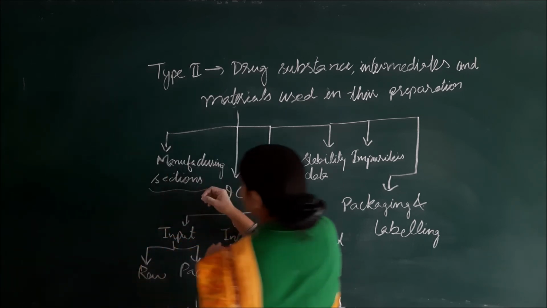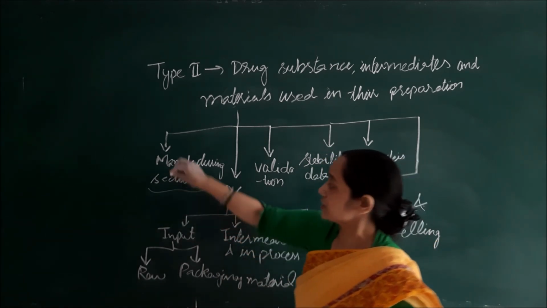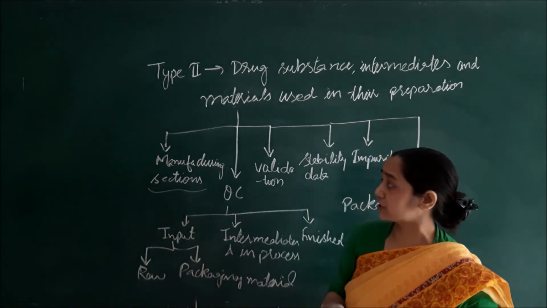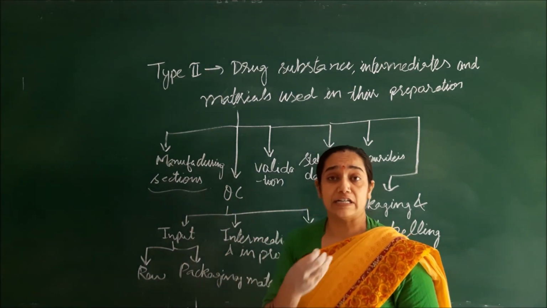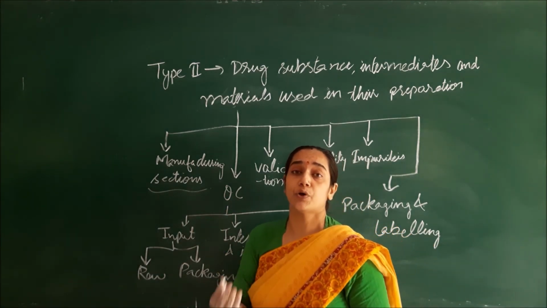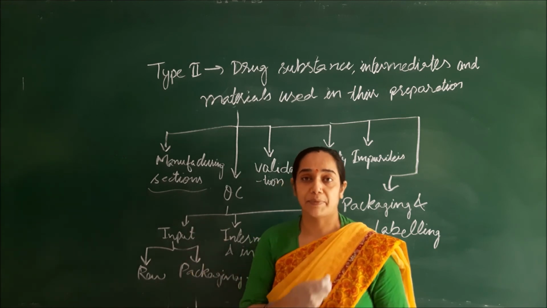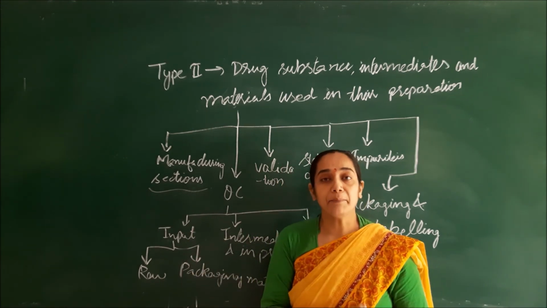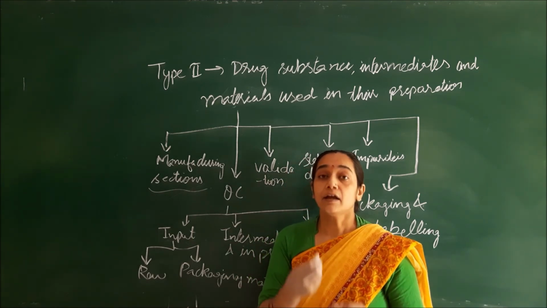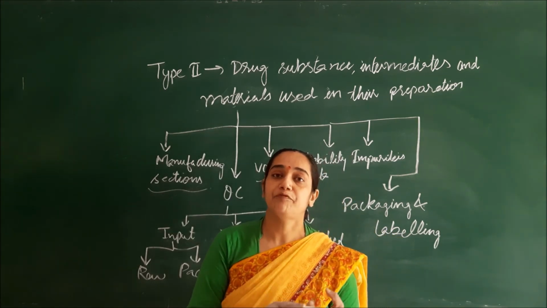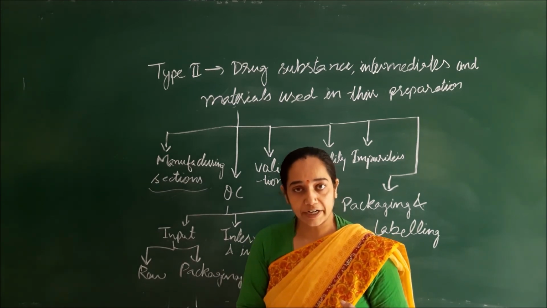Information about the manufacturing sections means how the product is going to be manufactured, meaning what are the different steps involved in the production of a product. For example, if I am making a tablet by the wet granulation method, then I will explain the first step will be the selection of the ingredients.